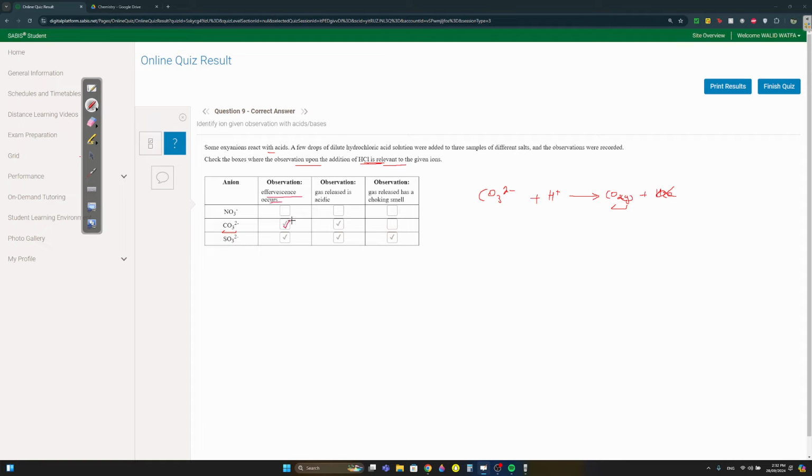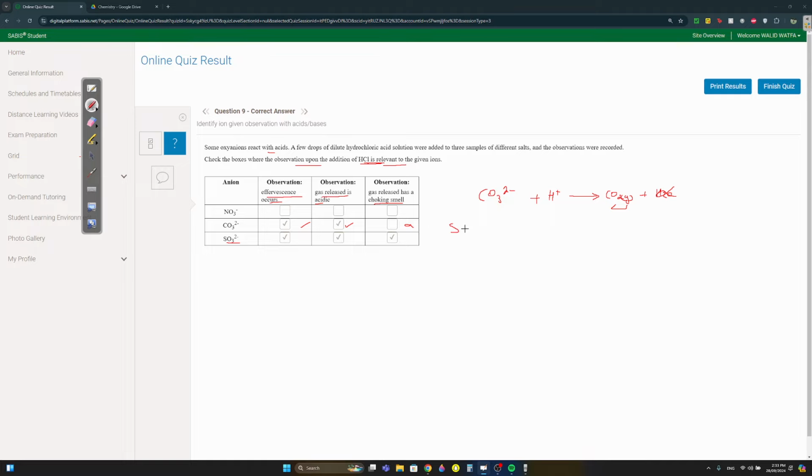Effervescence occurs. Gas released is acidic. Carbon dioxide is slightly acidic. It was in the notes, you'll find it. Effervescence means a gas is released and there's bubbling. Gas release has a choking smell? No, carbon dioxide doesn't choke. It's a normal gas.